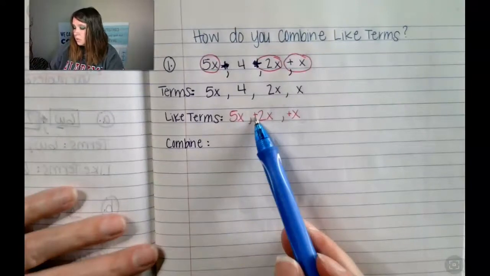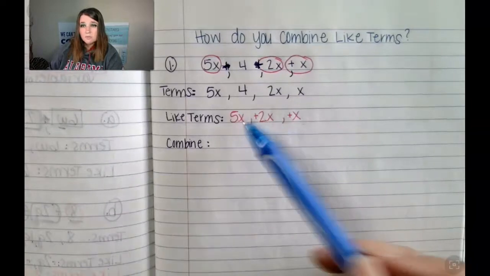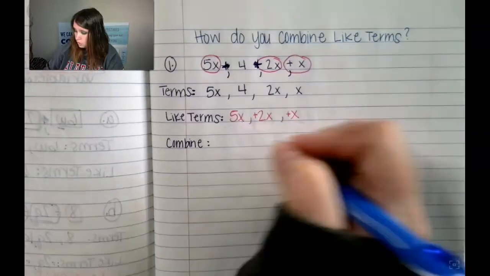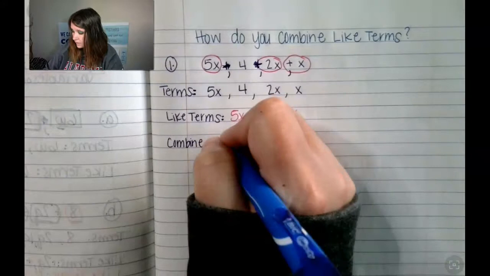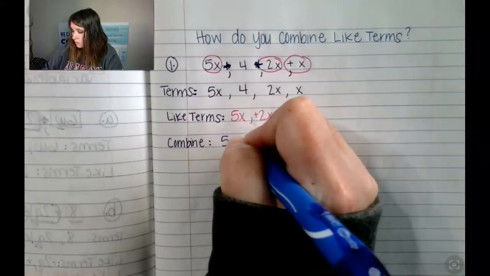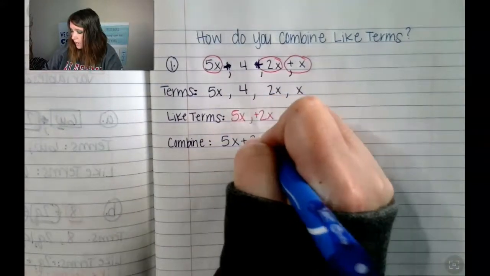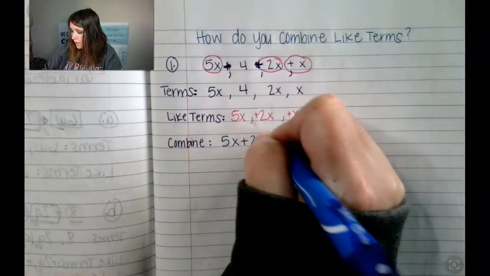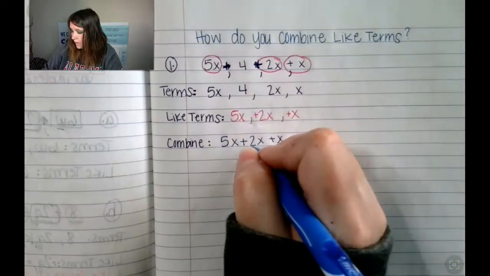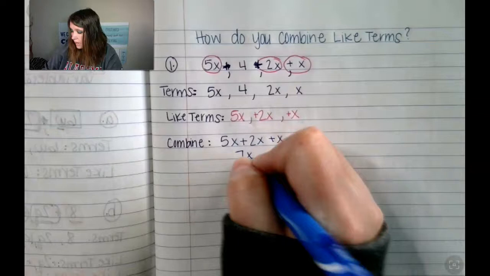Because we circled a positive sign with it, we know to add. So 5 plus 2 plus x. Combining means that we are going to simplify. So 5 plus 2 gives us 7 x's.